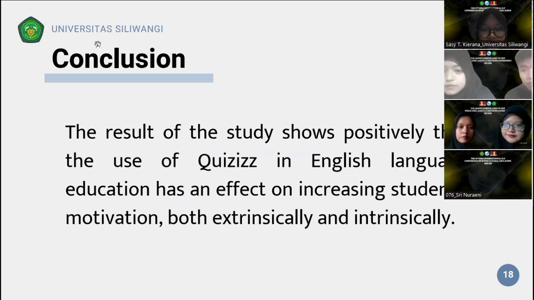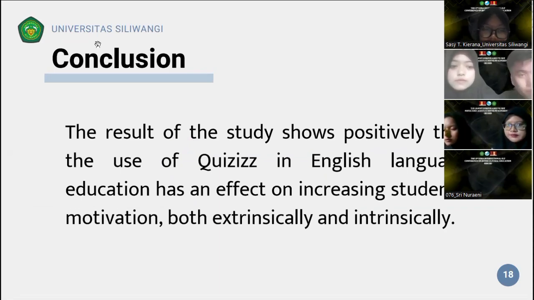All right, thank you. So as for the conclusion, the results show that quizzes enhance motivation through competitive elements like rankings and leaderboards, fostering achievement and performance improvement. However, a small percentage of respondents reported minimal motivation due to infrequent use.